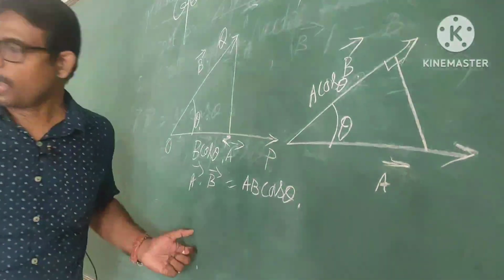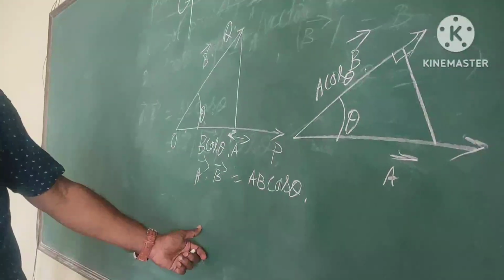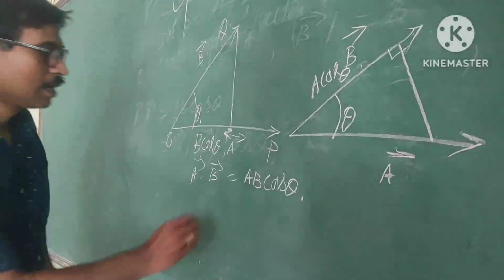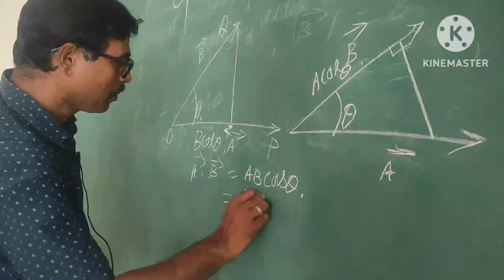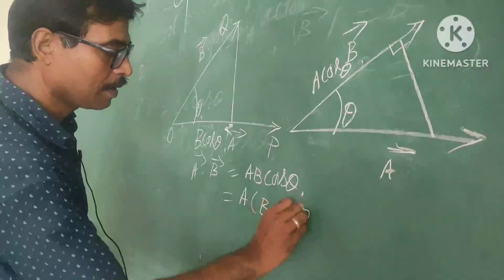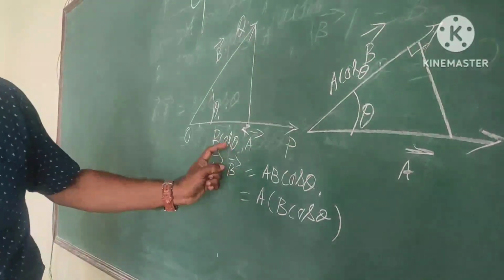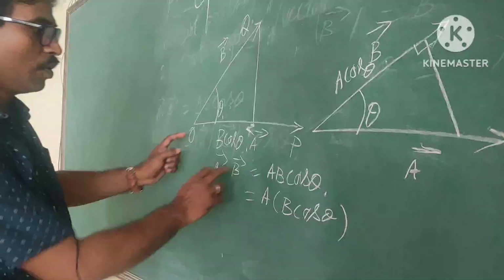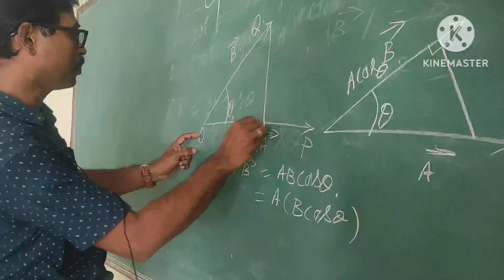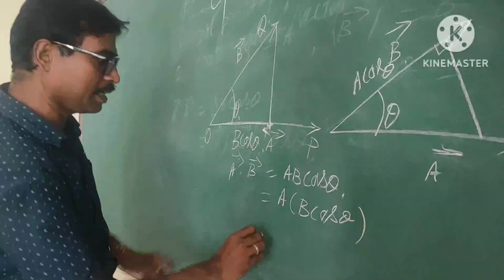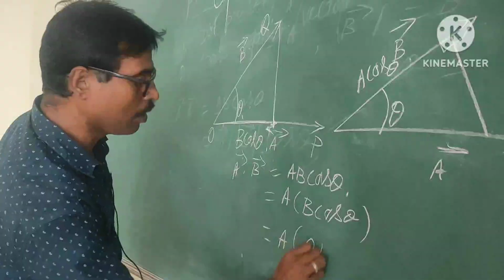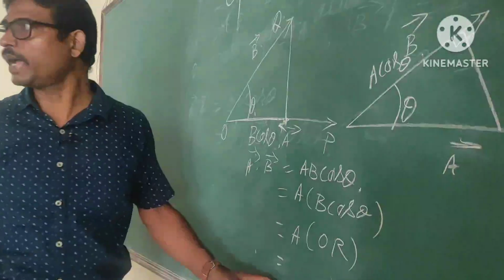How can you define this one? This one is |A||B| cos theta. If you give it a name, suppose it is OR, up to this one it is B cos theta, so it is A into OR. So how can you define it?